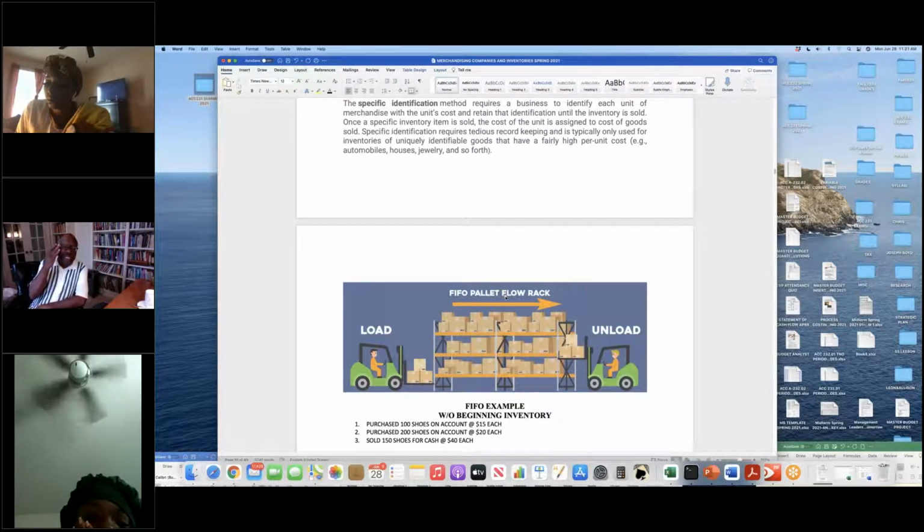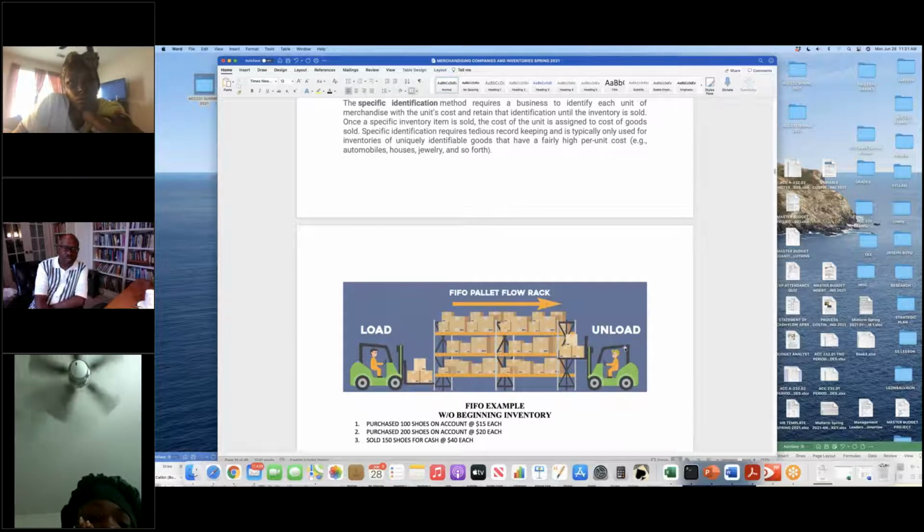Assuming all of these shoes are the same size and type, when it's time to deliver the shoes to the customer, the unloader doesn't go back into the back. He comes right up at the front, gets the first shoes he sees, and delivers those.